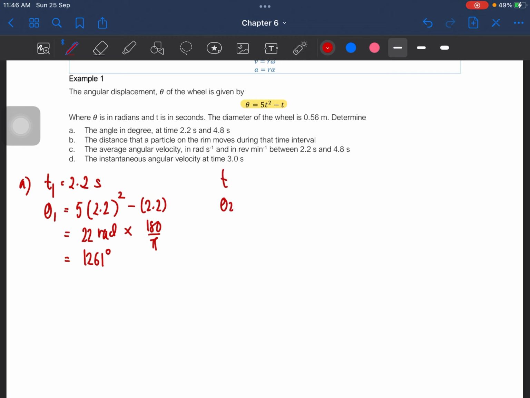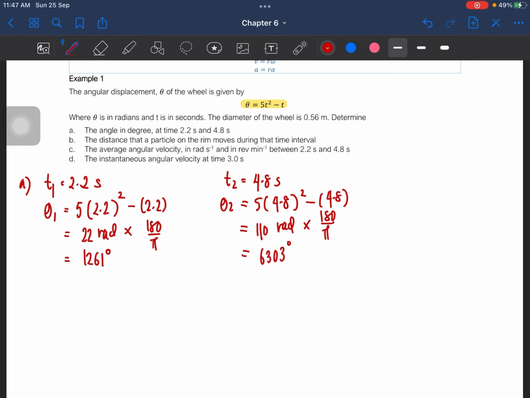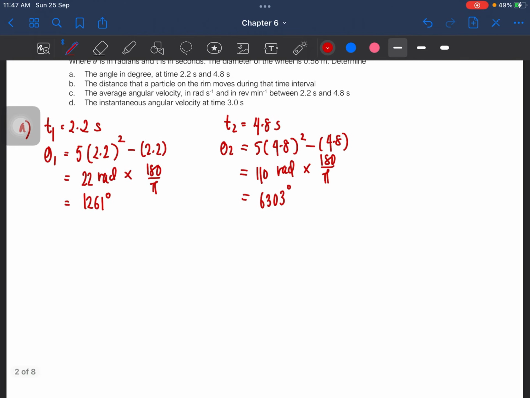Next, for t equal to 4.8 seconds, that is 5 times 4.8 squared minus 4.8, which gives you 110 radian. Multiply by 180 divided by pi, which gives you 6303 degrees. So that is the angle in degrees for that time period.